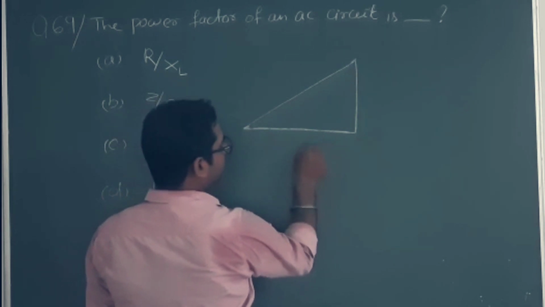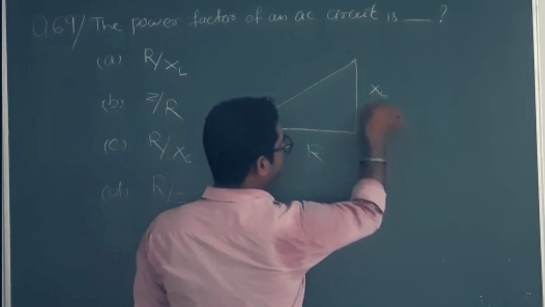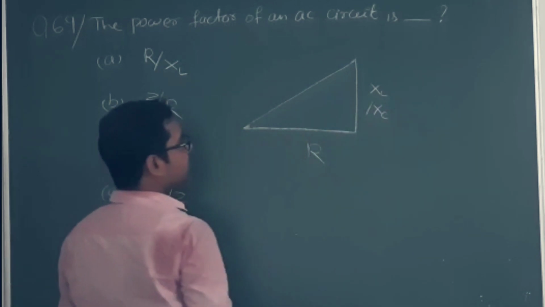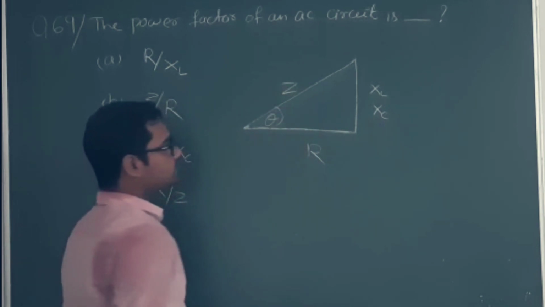And this value is R. This is XL, or you can say XC, XL or XC, whatever the value. And this will be the impedance value Z. This is theta.